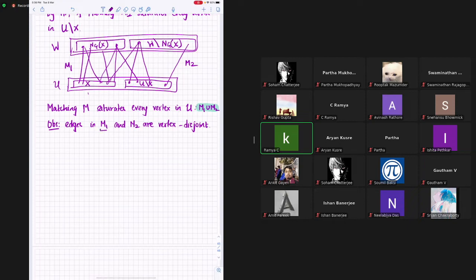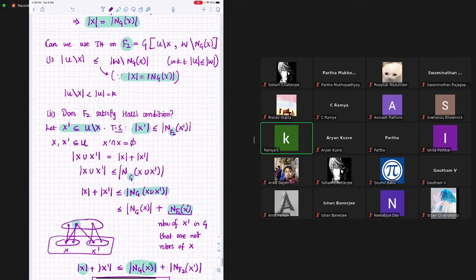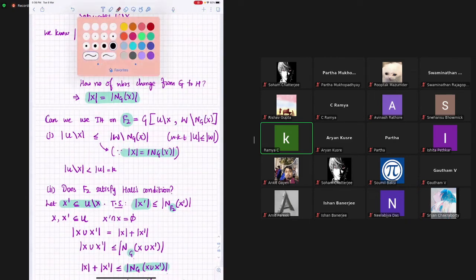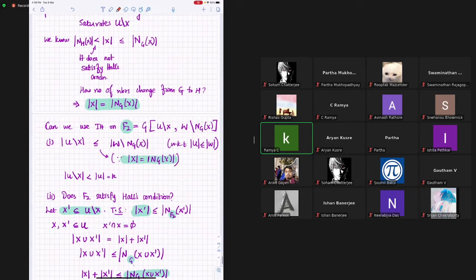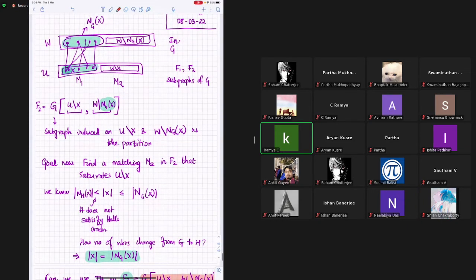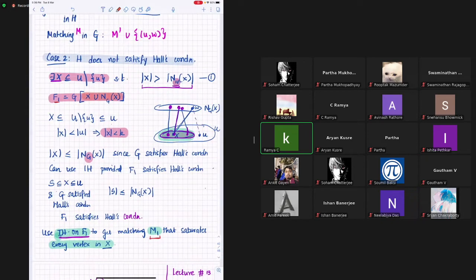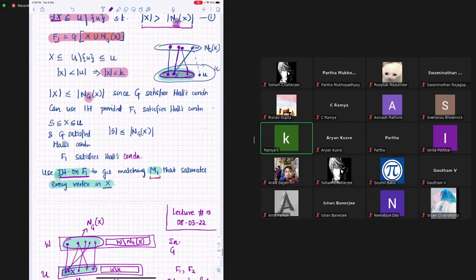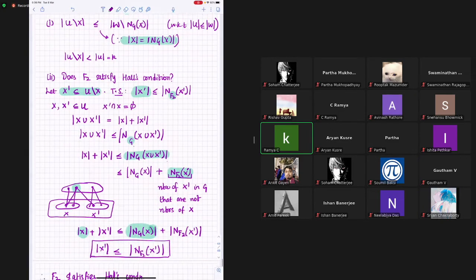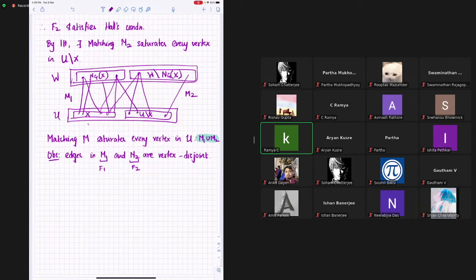So M1 was a matching in the graph F1 and M2 was a matching in the graph F2. You can recall that F1 and F2, the way we constructed them, are themselves vertex disjoint. So let's look at the graph F2 here, right? This is U minus X, W minus N_G of X. And if you look at the graph F1 here, this is X and N_G of X. Because these are matchings on graphs that are vertex disjoint, the edges from M1 and M2 can never share a vertex.